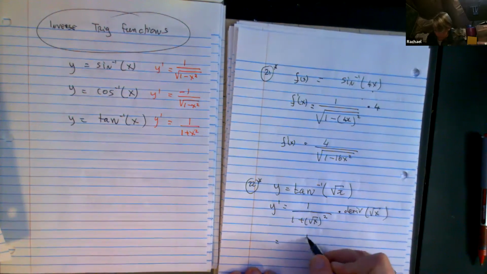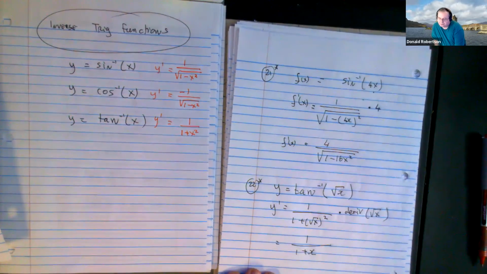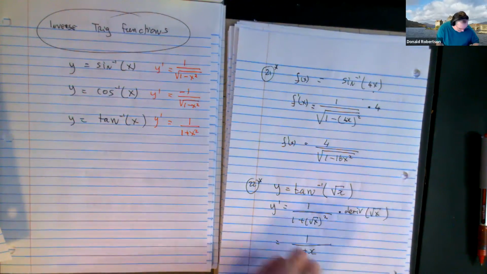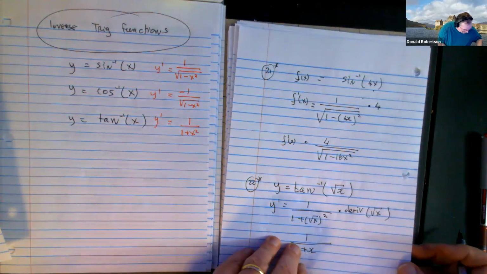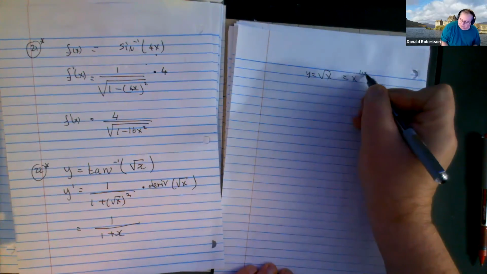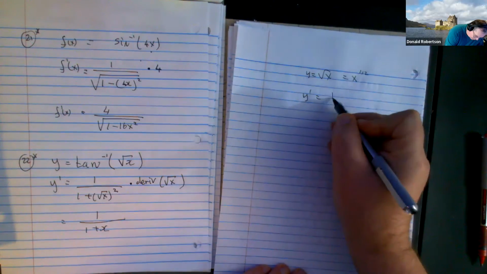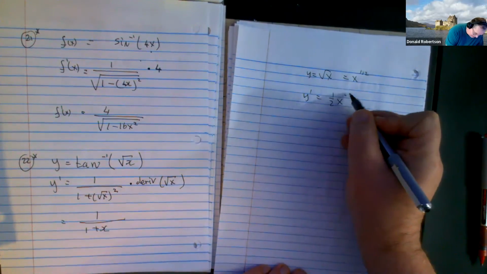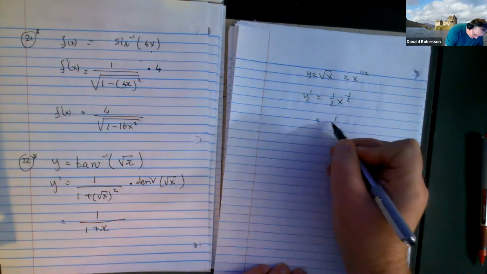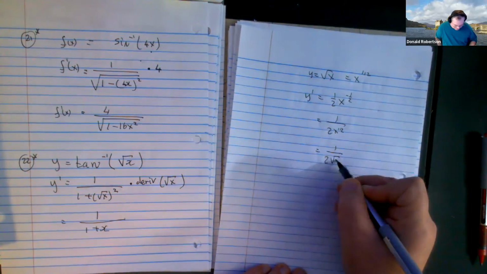Are you happy with the square root of x squared just gets you x? Now, something like finding the derivative of the square root of x. Wouldn't you probably call it x to the half? And then you can differentiate it using the power rule. And then you spend some time getting it into a nice format.